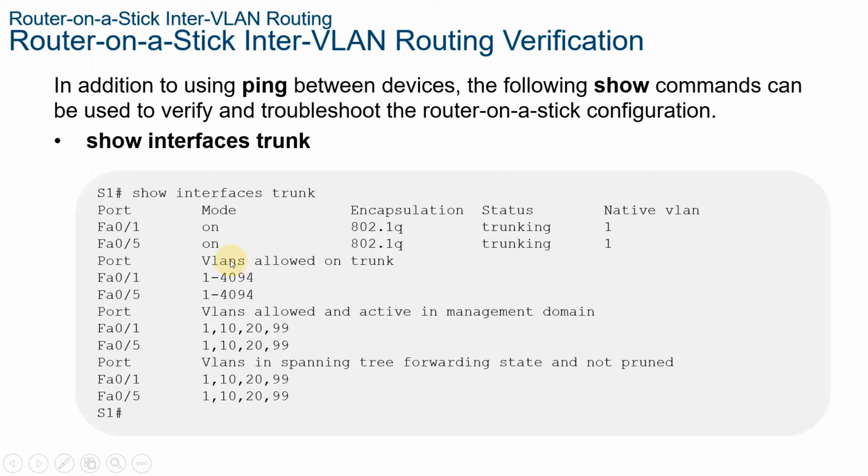Therefore, it is also useful to verify the active trunk links on a layer 2 switch by using the show interfaces trunk command. The output confirms that the link to R1 is trunking for the required VLANs. Take note that although VLAN 1 was not explicitly configured, it was automatically included because control traffic on trunk links will always be forwarded on VLAN 1.